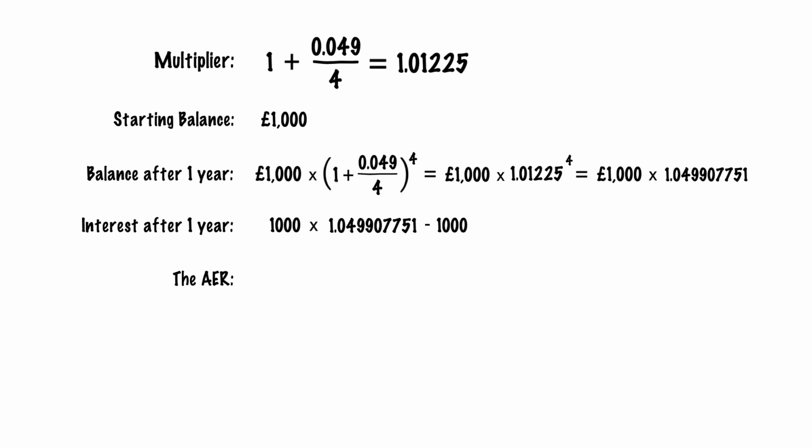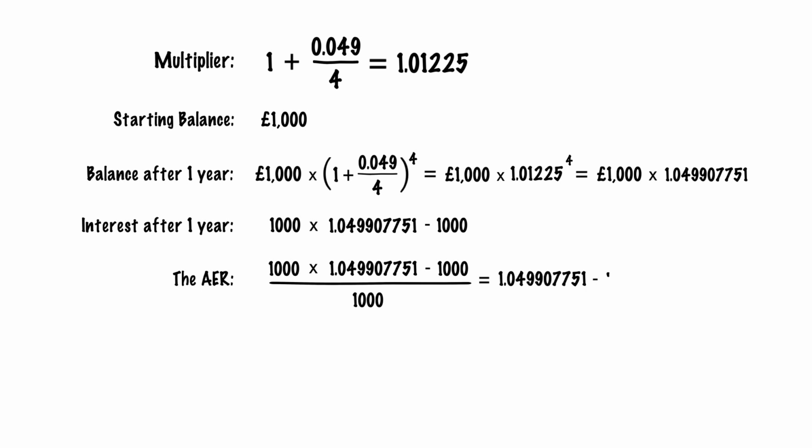Remember, the AER is the interest divided by the amount invested, and this can be simplified to 1.049907751 subtract 1, and this is equal to 0.05 to 2 decimal places. As a percentage, this will equal 5%. So whatever you invest, the interest rate works out to be approximately 5%.